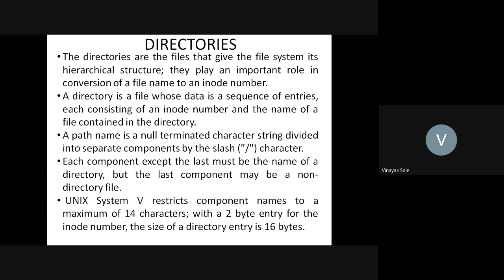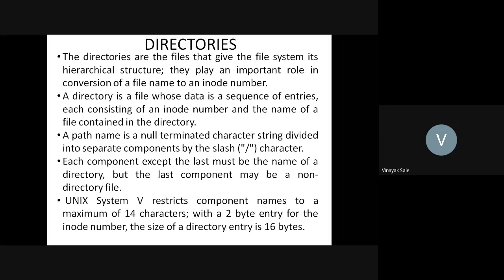So there are many components from first to last in the directory hierarchy. The sequence of names of directories other than the last is the directory part, but the last component may be a non-directory file.